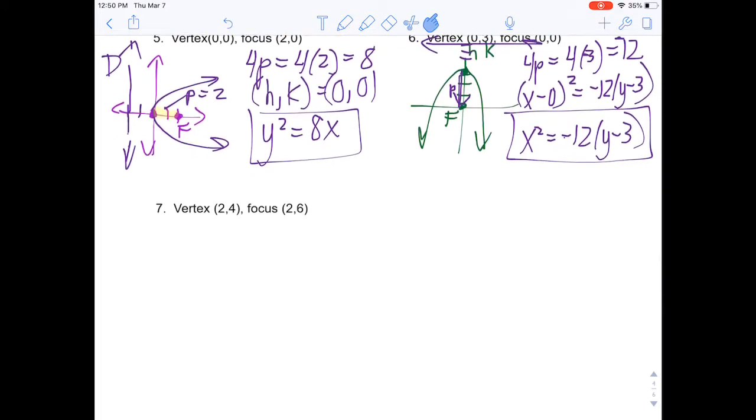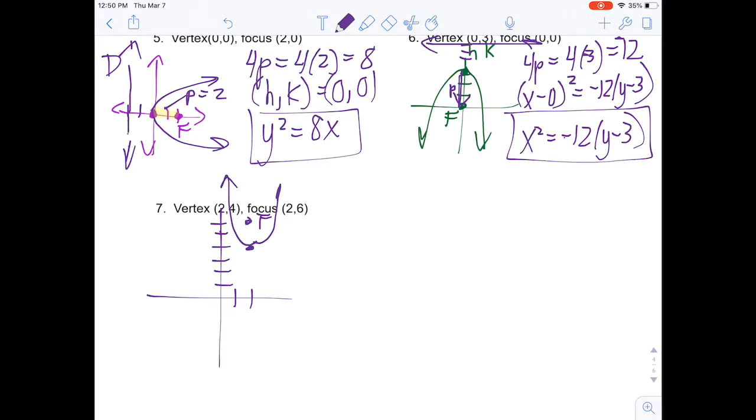All right, last one over here. We have our vertex at 2, 4. Focus is at 2, 6. So there's the focus. That's telling me that we are going upwards.